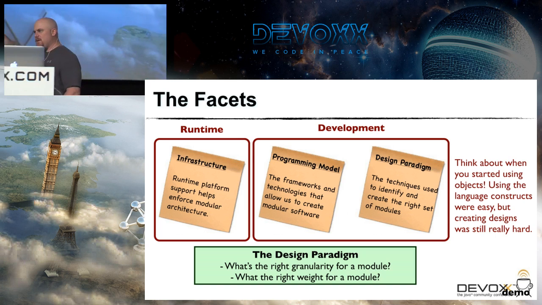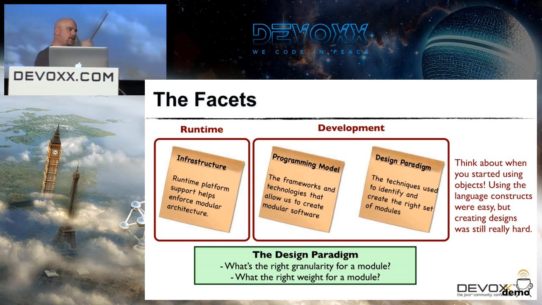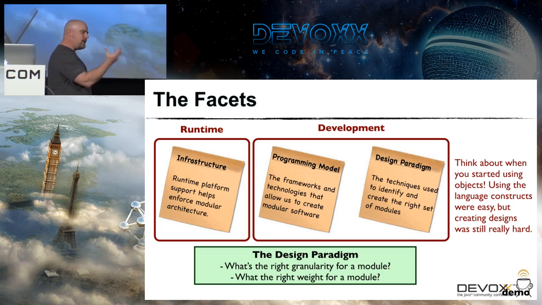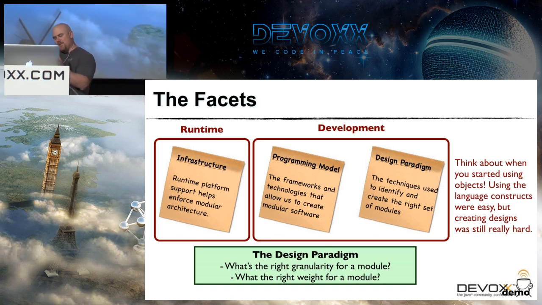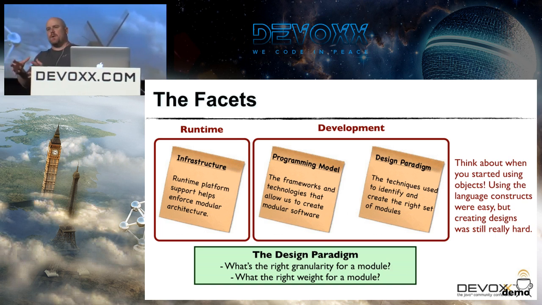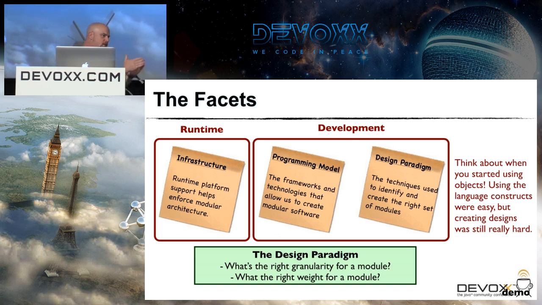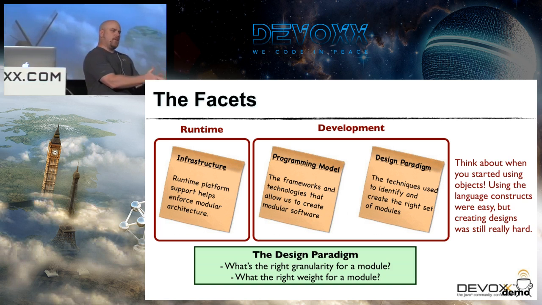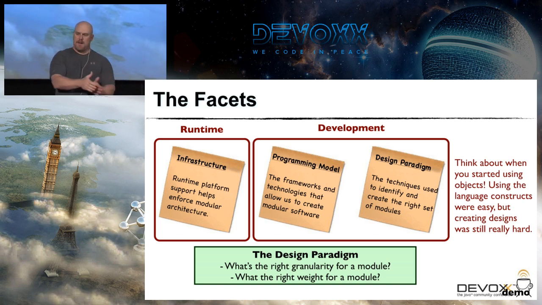And so when we think in terms of modularity, we see many similar themes associated with modularity in that there's the design paradigm. How do we go about designing good software modules? We can do that on the Java platform today. We have everything that we need to design modular software on the Java platform today.